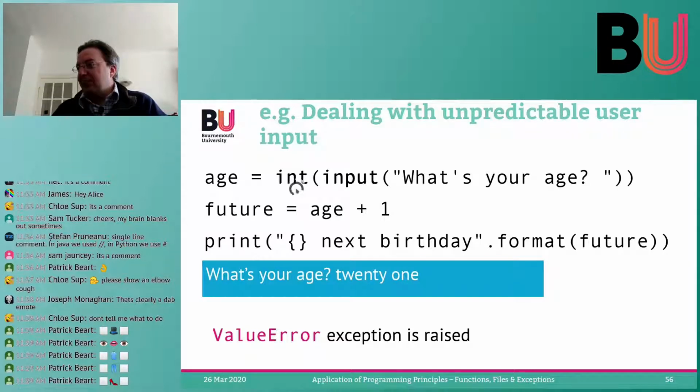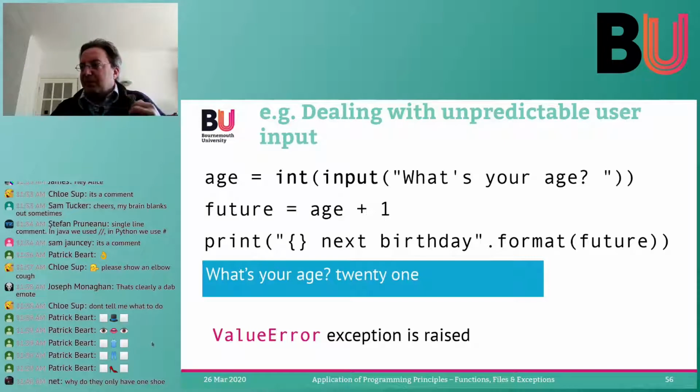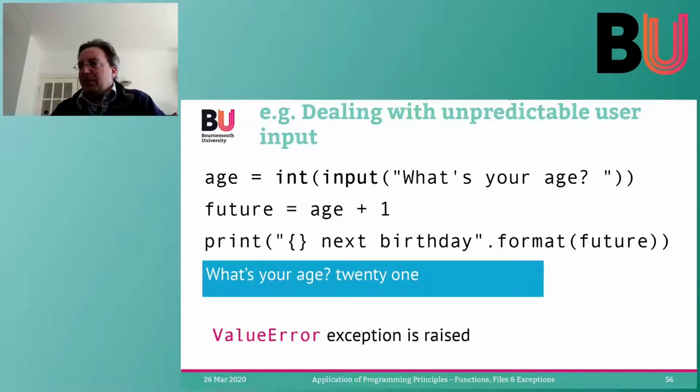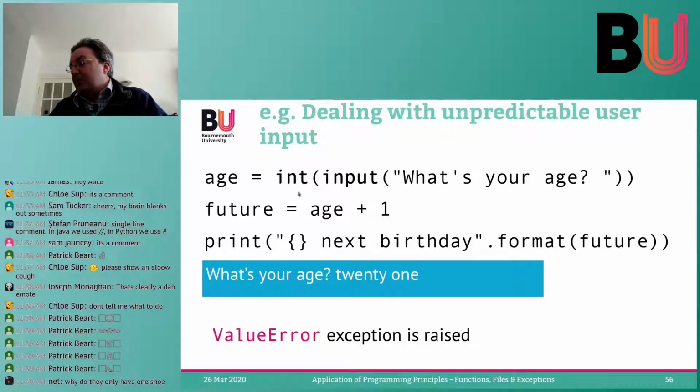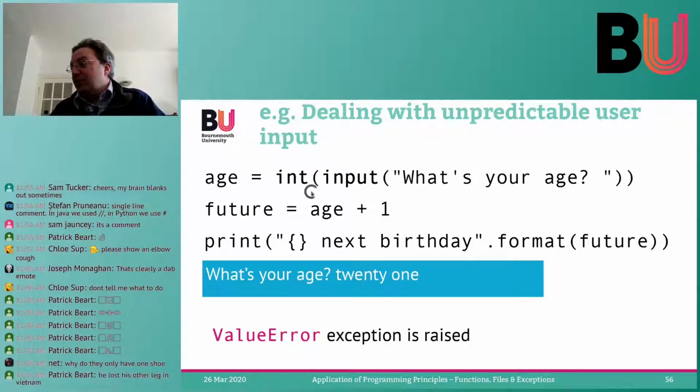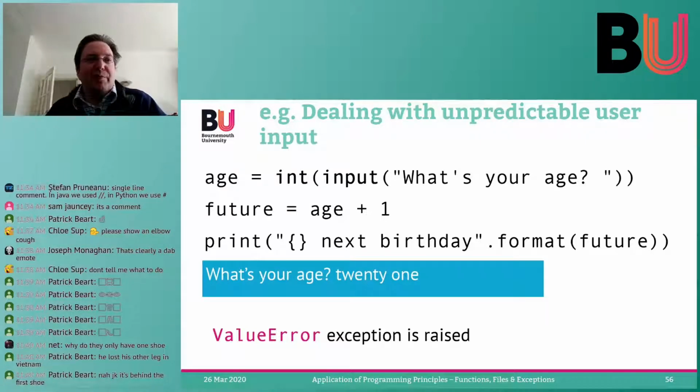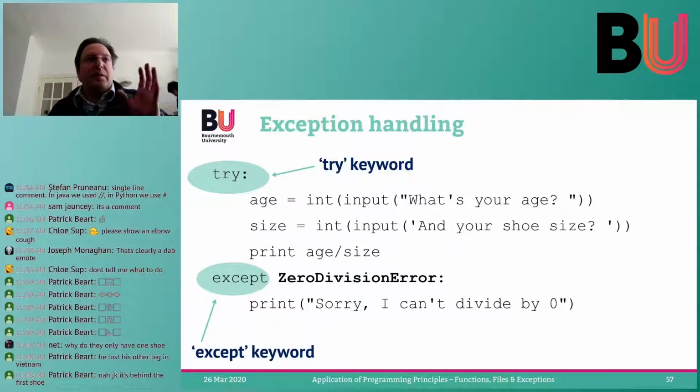You have to do it in a different way. So instead, what the int function does here is it will actually throw an exception. In this case, it would be a value error.